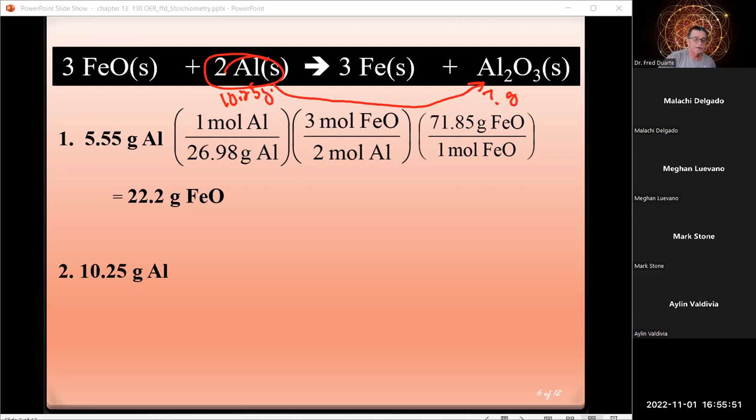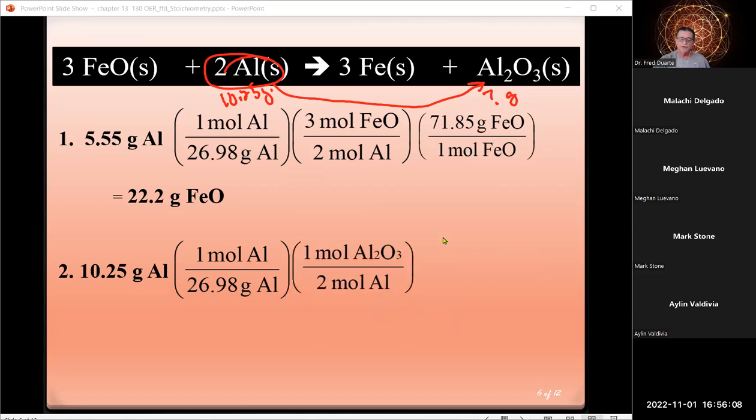All right, so as in the first example, we need to convert those grams of aluminum to moles, okay? So we divide by the atomic weight, which gets us into moles. Then the next factor gets us into moles of aluminum oxide, because that is what we're looking for.